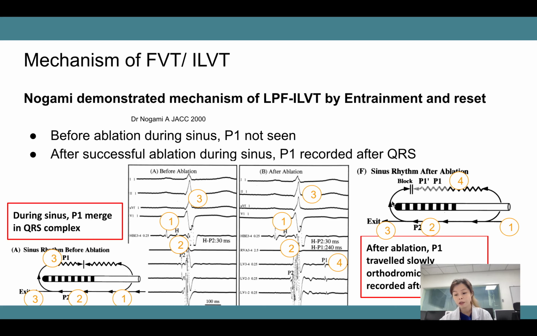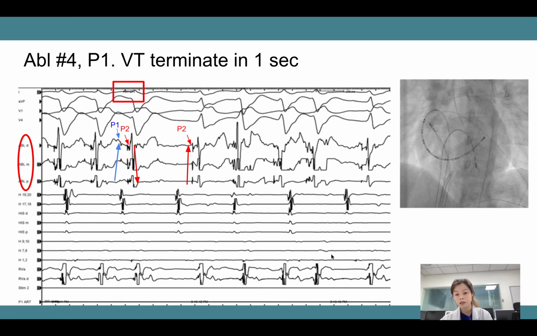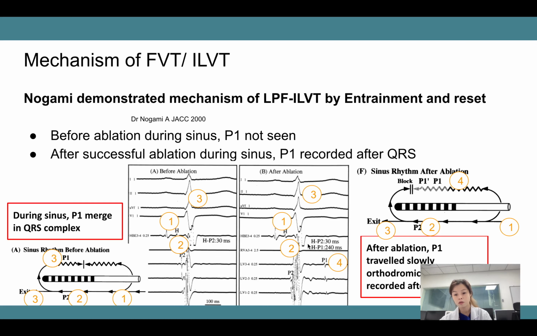After successful ablation, P1 can be seen as a delayed potential after the QRS complex. This is because after successful ablation, P2 cannot travel retrogradely back to P1. However, it can travel slowly through the slow conduction zone to P1.